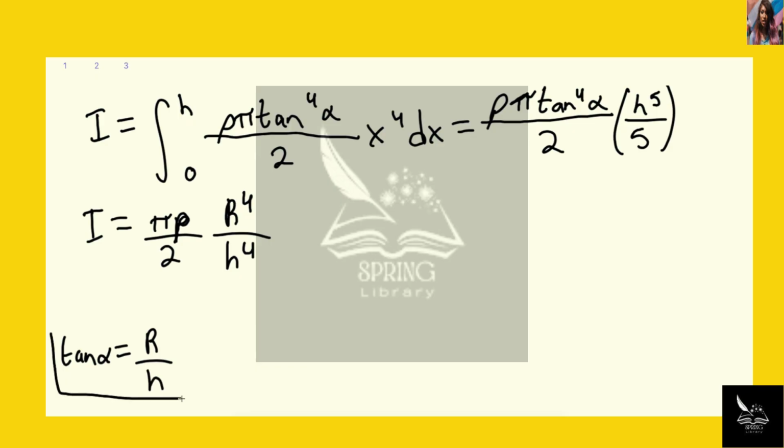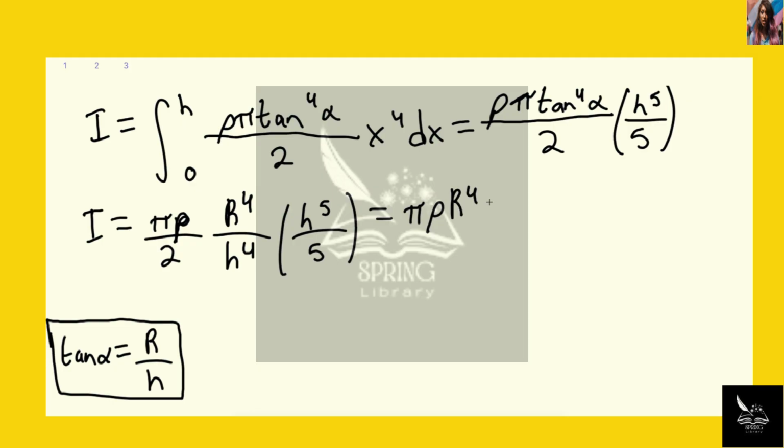This is a given from the diagram of the cone. So we can substitute this, and this is going to be equal to pi rho r to the fourth h all over 10.